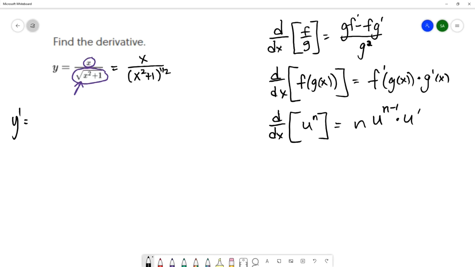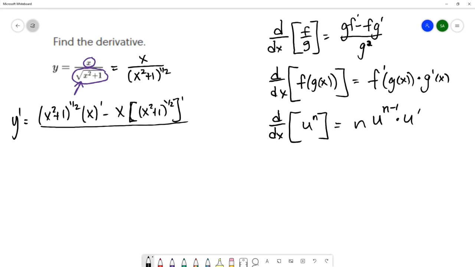So we're going to use the quotient rule to calculate this derivative. We're going to do the bottom, that's x squared plus 1 to the 1/2, times the derivative of the top, minus the top times the derivative of the bottom, all over the bottom squared.